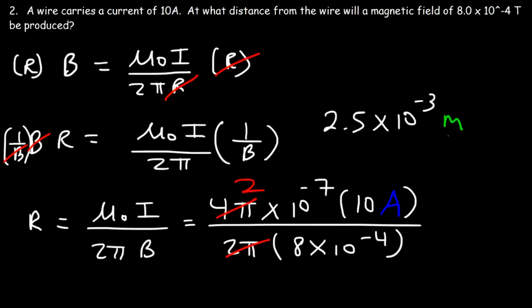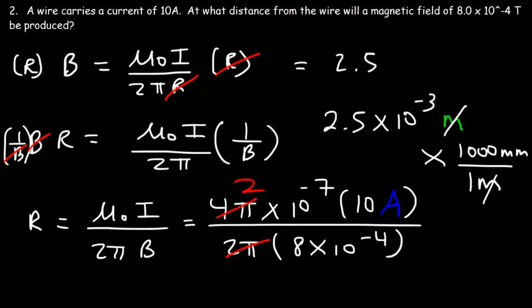If we want to, we can convert it to millimeters. To do that, you need to multiply by 1,000, since there's 1,000 millimeters per meter. If you multiply by 1,000, this will give you 2.5 millimeters.